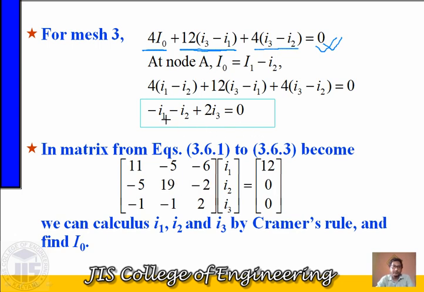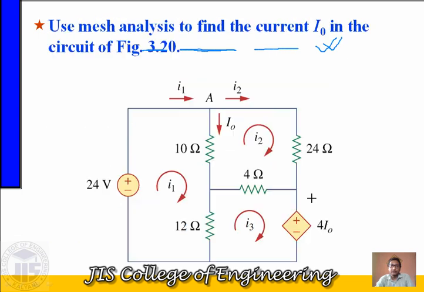For the third equation, the coefficient of I1 is minus 1, coefficient of I2 is minus 1, coefficient of I3 is plus 2, and the right side is 0. Again you can solve it using Cramer's rule. You will get the values of the loop currents I1, I2 and I3, and our question is to find this current capital I0.